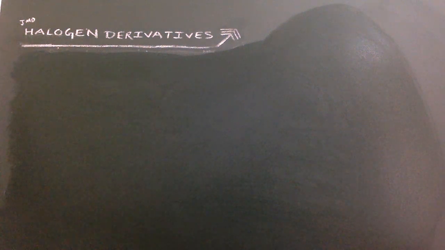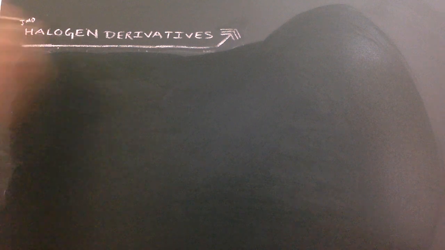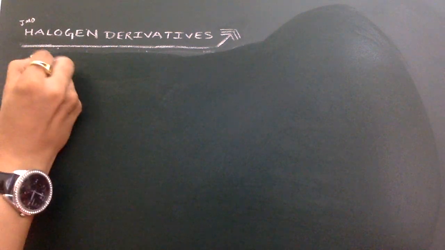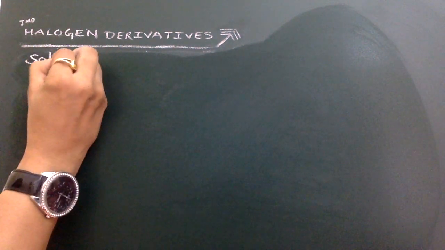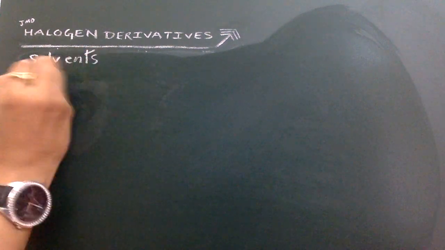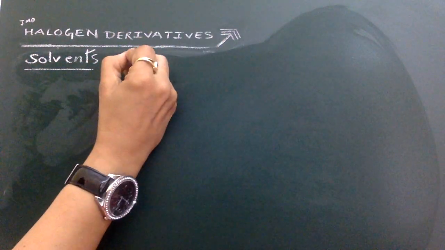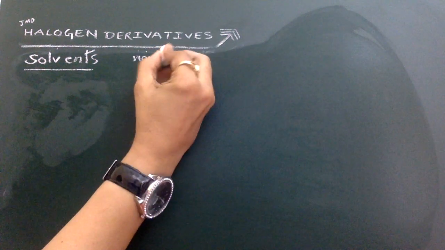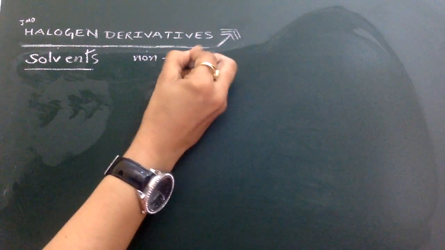Now children, there is another type of solvent, and that is the next category of solvents, the non-polar solvents.